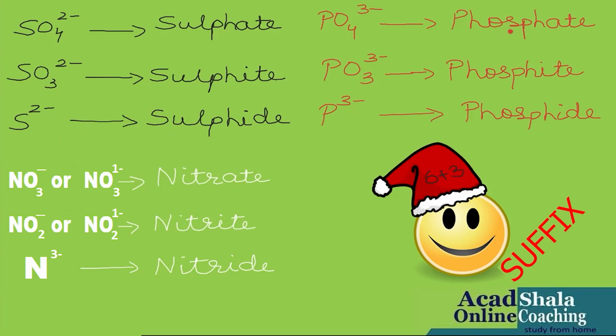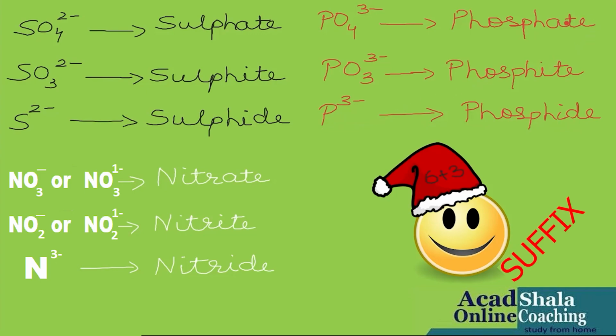Now the next one, phosphate, ATE suffix, phosphite, ITE suffix, phosphide, IDE suffix, and PO4 3-, PO3 3-, P3-. The first two are known as polyatomic ions. The third one is a monoatomic ion, but it lacks oxygen.